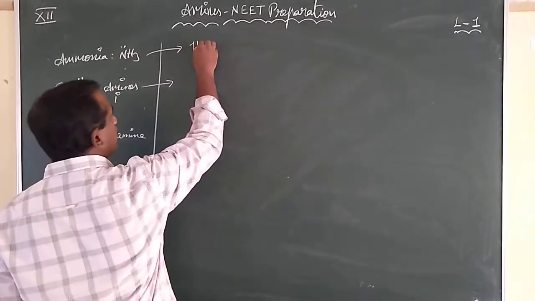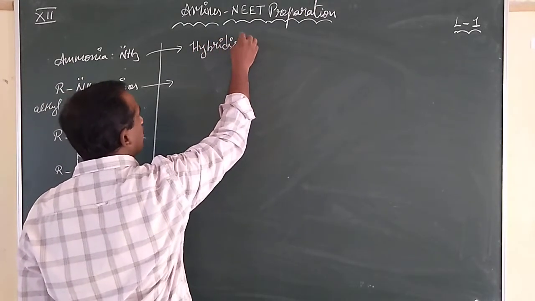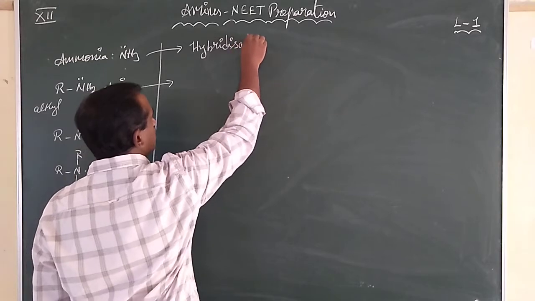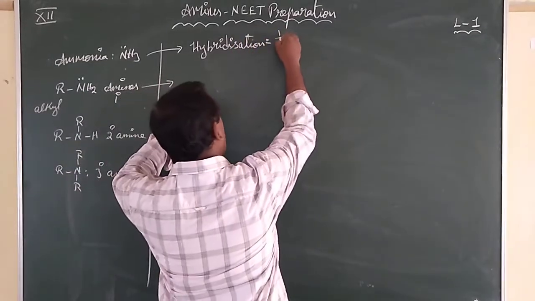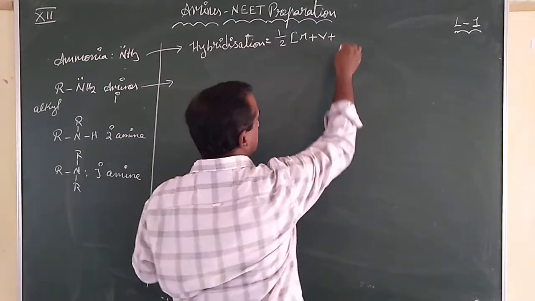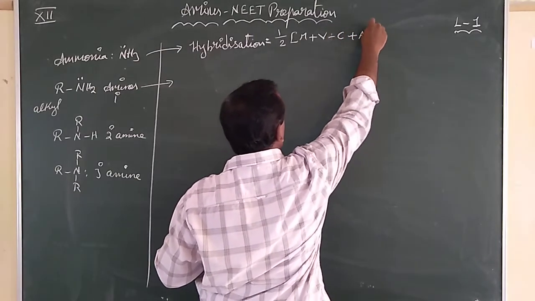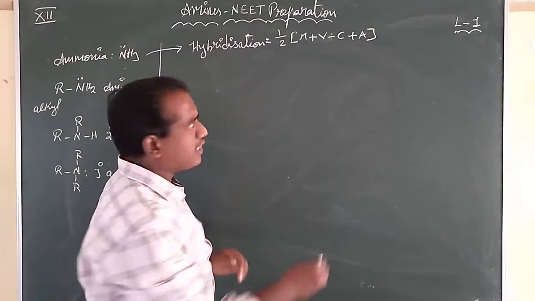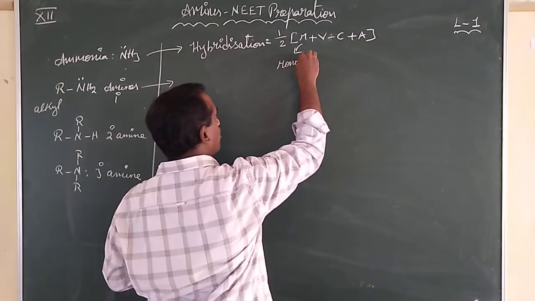So in order to find out the hybridization, you can use this formula, children. The formula you can use is half of monovalent atoms plus valency minus charge of cation plus charge of anion. What is this M? M stands for monovalent atoms.